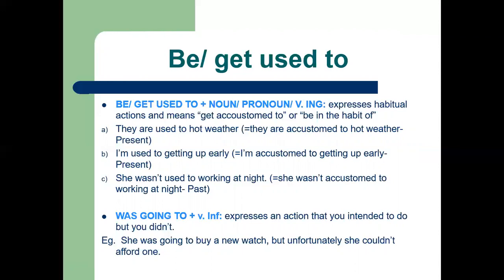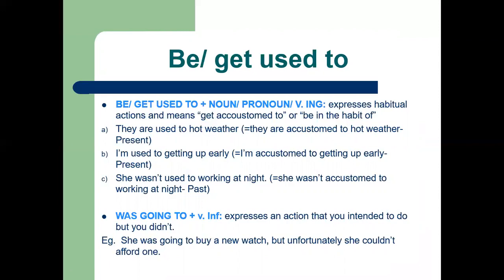When you use be used to plus a noun, a pronoun, or a verb in ing, you're expressing familiarity. That's the idea and the notion. If you say, for example, I'm used to getting up early, you are familiar with that. You find it easy, you're okay with that.